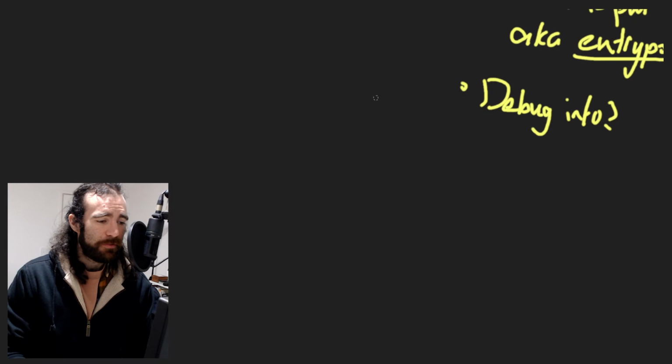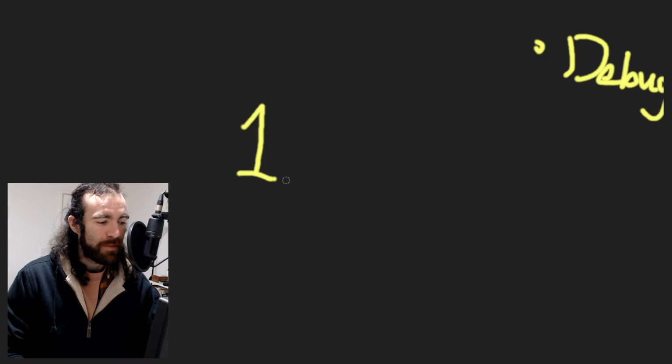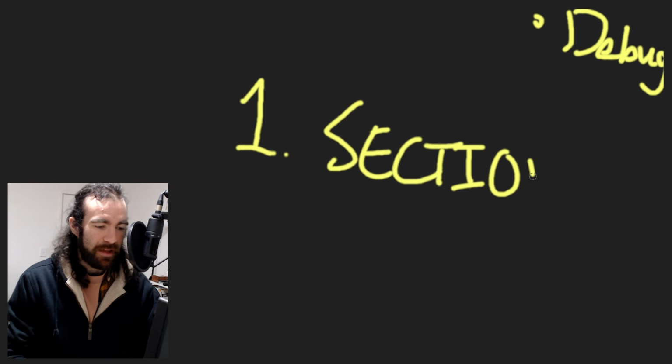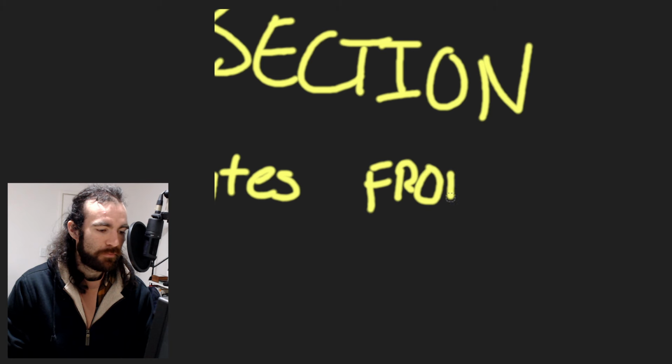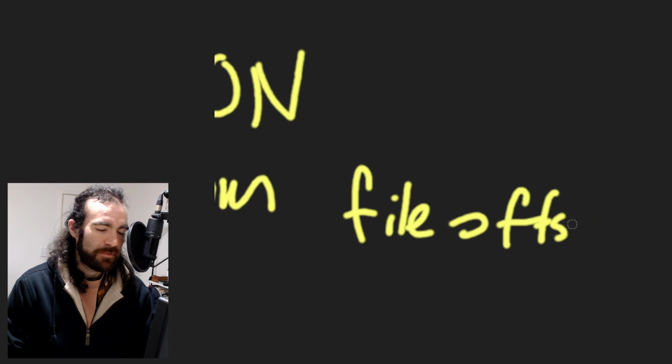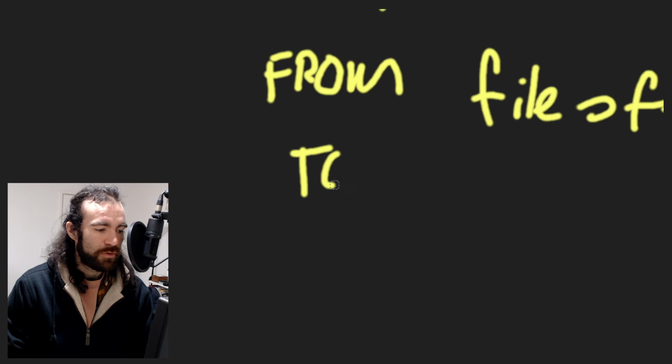So the first thing, how do we load it into memory? Well, we're going to define something called a section. And a section is going to say that some number of bytes go from, let's say, file offset to address.